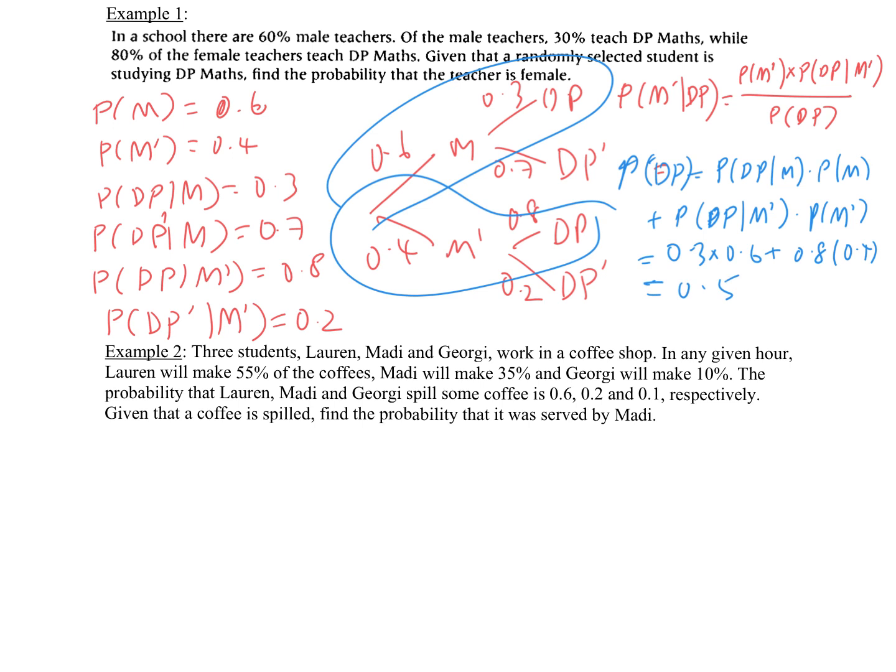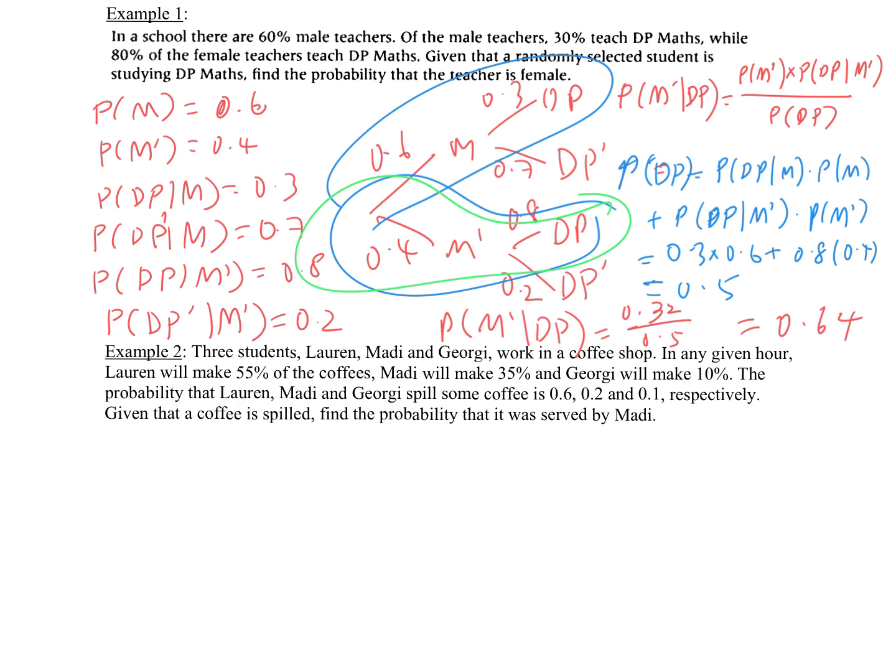And so the final answer, the probability of female given the DP student, will be probability of female multiplied by this branch 0.8, so 0.32 divided by 0.5, which is 0.64.